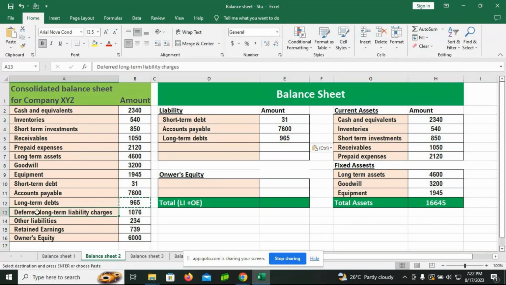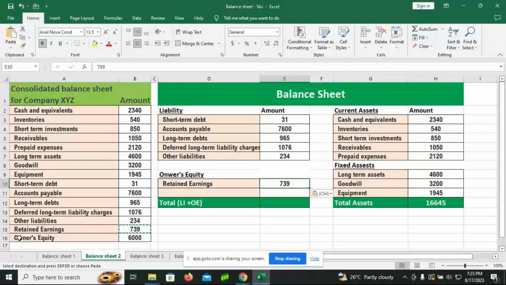Deferred long term loans, then other liabilities, then retained earnings, owner's equity.